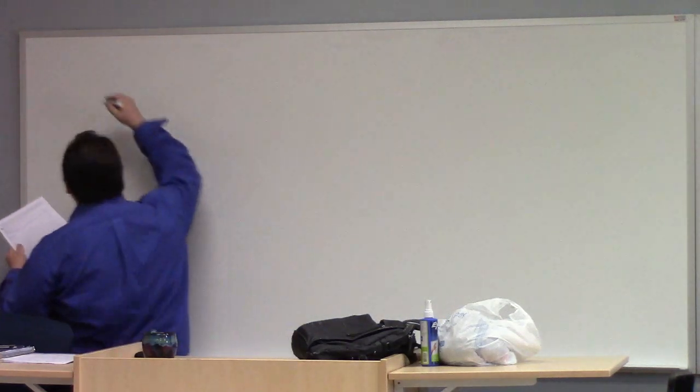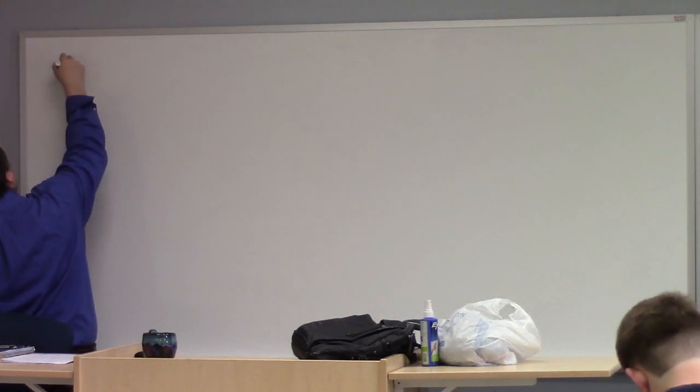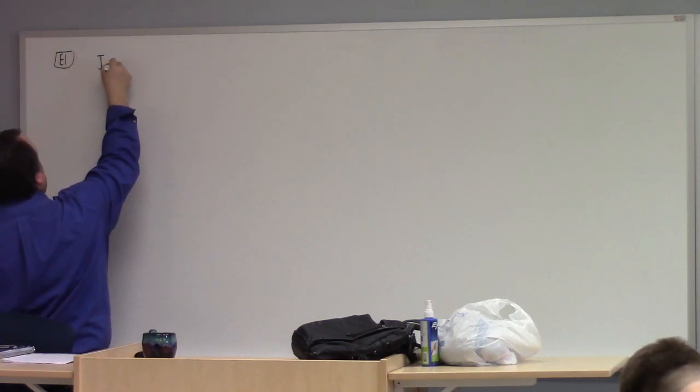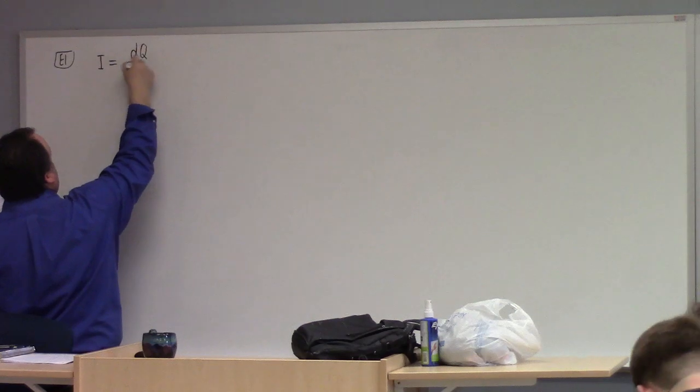So we've talked about a good part of what you need to do those problems, but not everything. So here, I'll do the first problem for you. All right, so here's problem 362. Example 1: we've got the current is dq/dt.